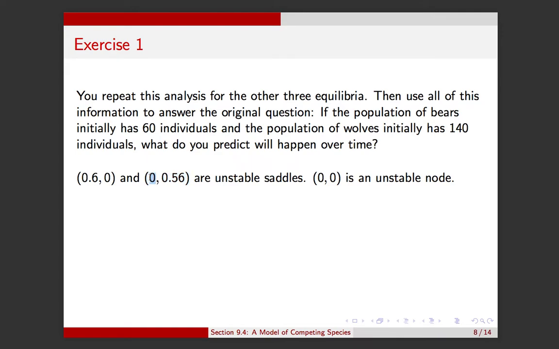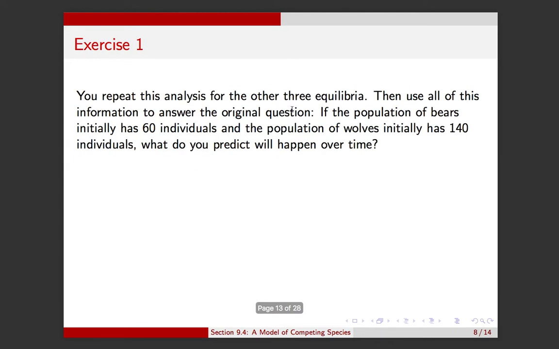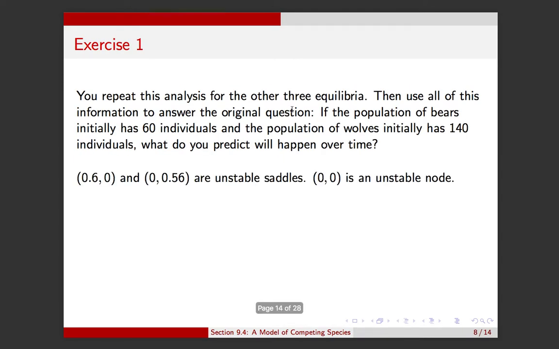Suppose I replace that 0 with a 0.1, like I reintroduce some bears into the system. Things aren't going to die out. They're going to flow to this guy, we think. It all depends on the model. Assuming that these parameters were estimated well, then you can predict mutual coexistence.